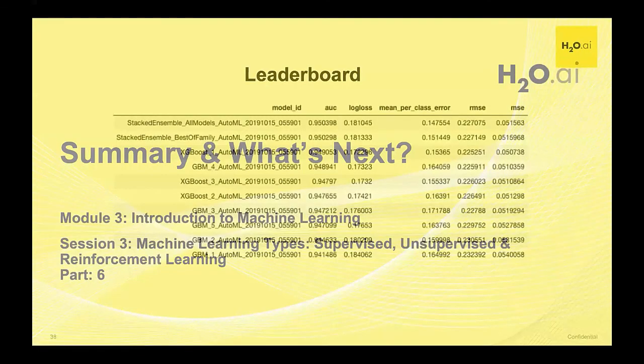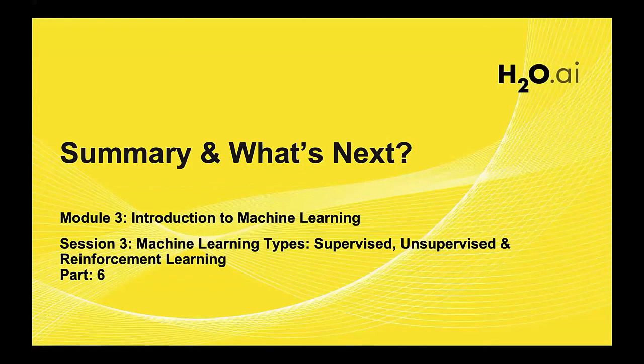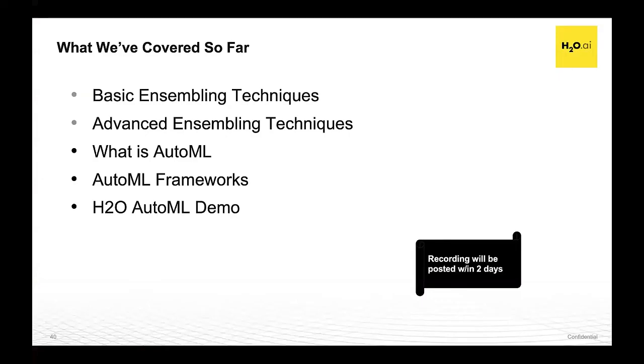So with this, I conclude the last and the final session of the machine learning module. And let's just quickly go through what we've just understood. We went over why we need ensembling, and what is the advantage of ensembling. We went over the basic and the advanced techniques.